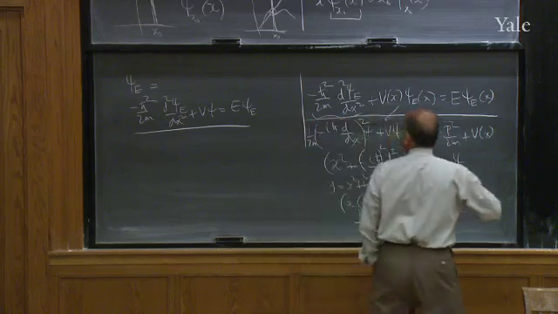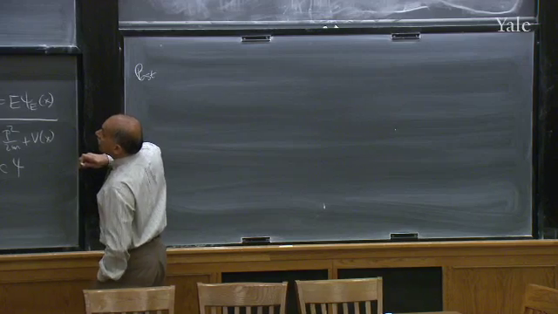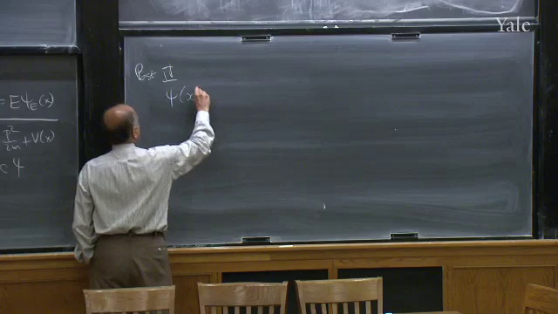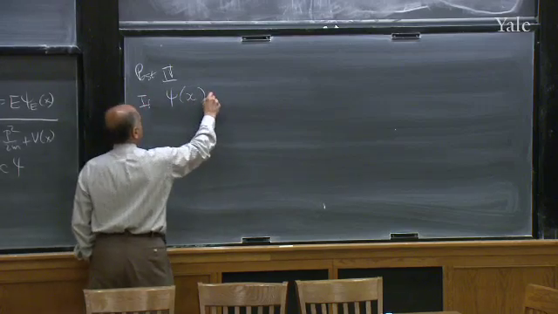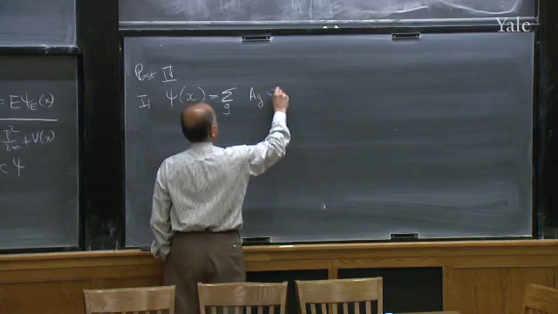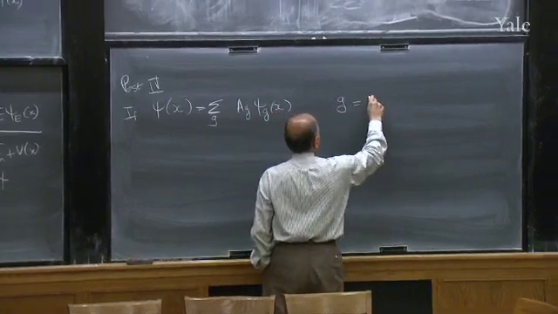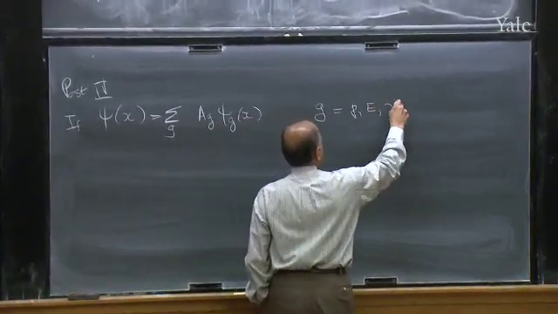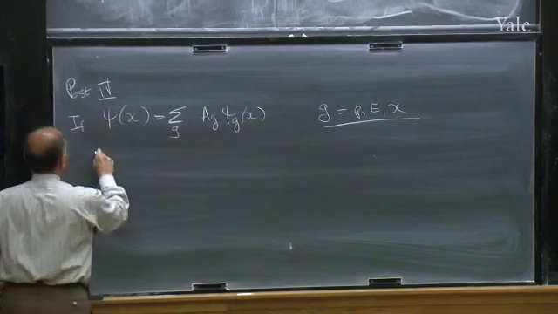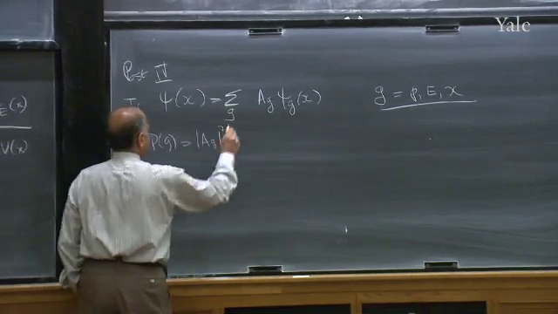Okay, now we come to another postulate, postulate 4. If psi of x is written as a sum over some g of a sub g psi sub g of x, where g could be p, g could be E, g could be position, whatever you like, then the probability that you will get a value g is simply a sub g squared.